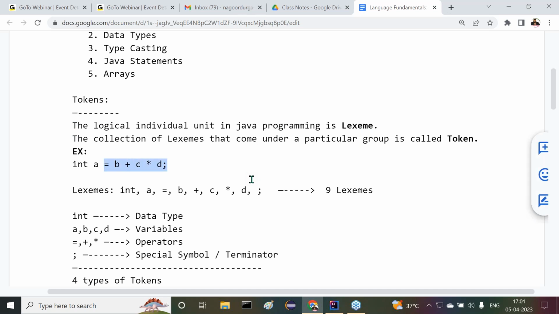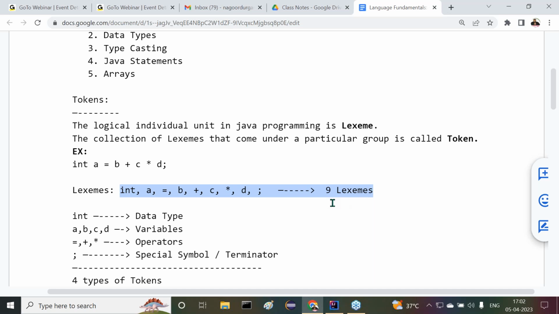Example I have given: int A = B + C * D; that we provided clearly. If you observe this, how many lexemes are available here? Nearly 9 lexemes are available: int, A, equal, B, plus, C, star, D, semicolon.